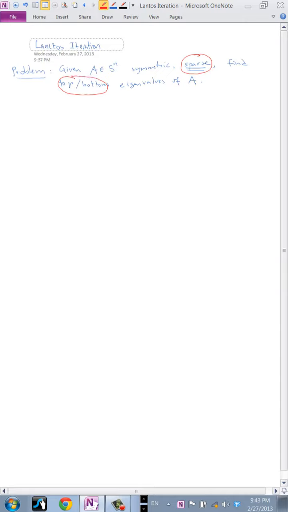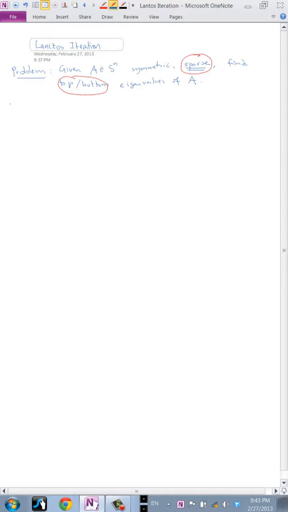So I don't actually want to have to diagonalize all of A. If you just care about the top and the bottom eigenvalues, can you exploit the fact that you don't want everything? Okay, so let's get into this first idea of how we augment the right subspaces.